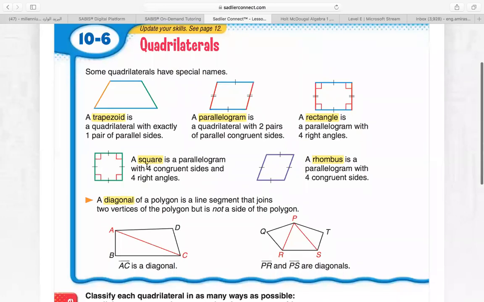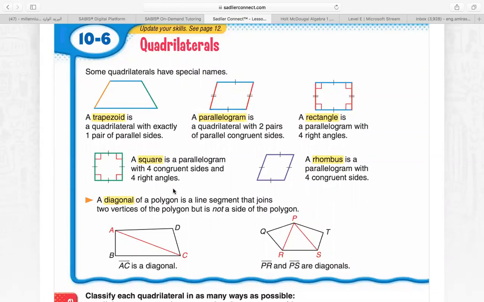So, quadrilateral is any shape that has 4 sides. Any shape that has how many sides, girls? 4 sides. You have to study and memorize all the names of all the shapes and all the properties and the characteristics of all the shapes.